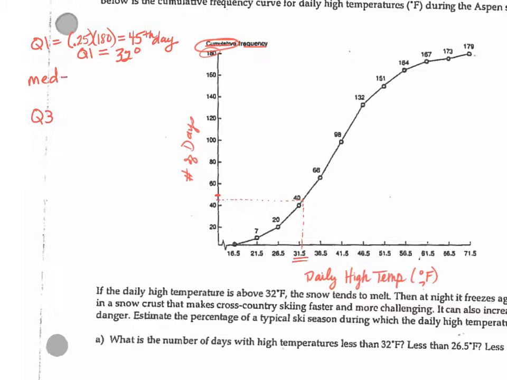Okay, median, what's that going to be? The 50th percentile of days, which half of 180 is going to be the what? The 90th day. So you need to track over and find the temperature at the 90th day, and that will be your median.